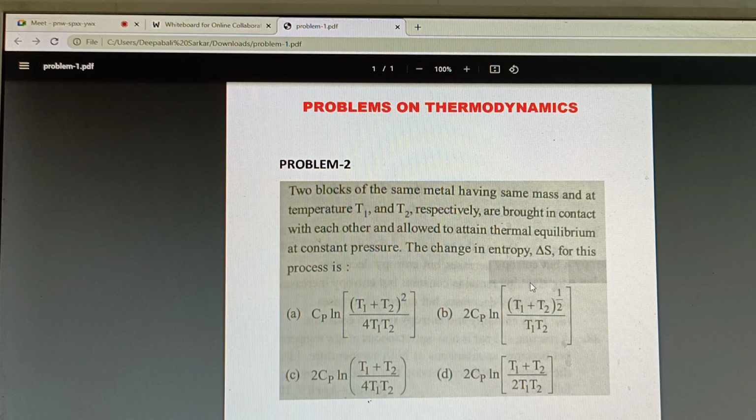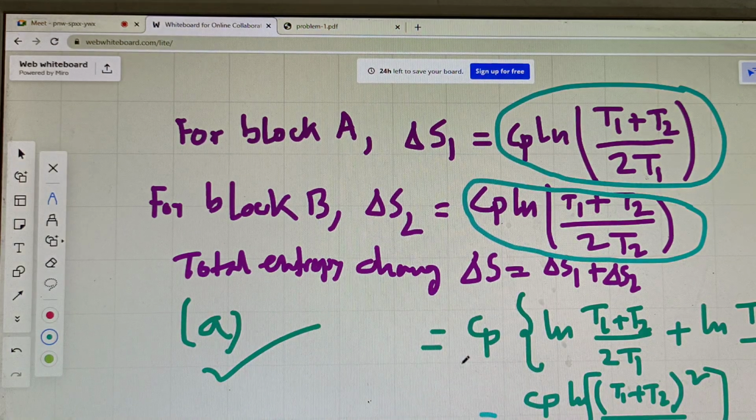We have to find the change in entropy of the overall process. As the system attains thermal equilibrium, the final temperature will be the average of the temperatures of the two blocks, that is block A, T1, plus block B, T2, by 2.